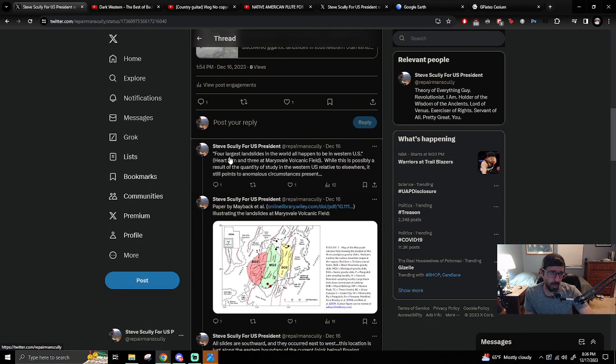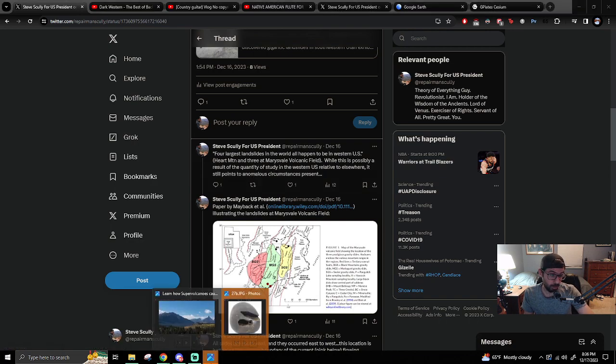So, Heart Mountain and 3 at Marysville volcanic field. While this is possibly a result of the quantity of study in the western U.S. relative to elsewhere like the Himalayas, it still points to anomalous circumstances present.